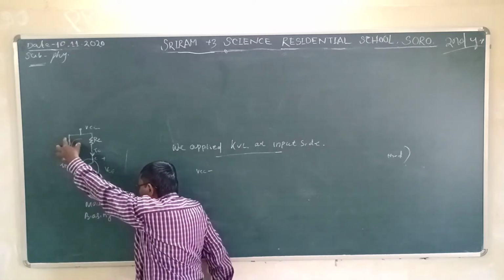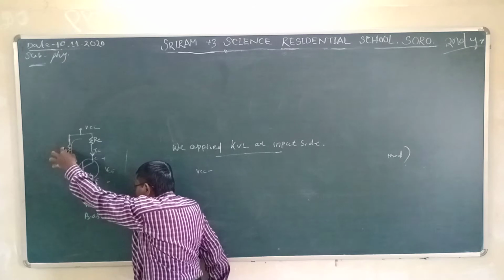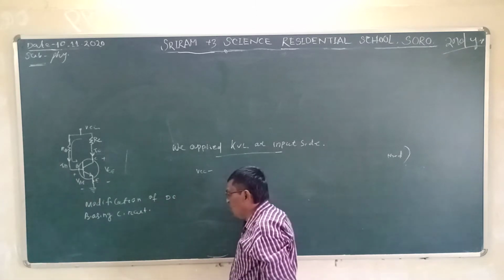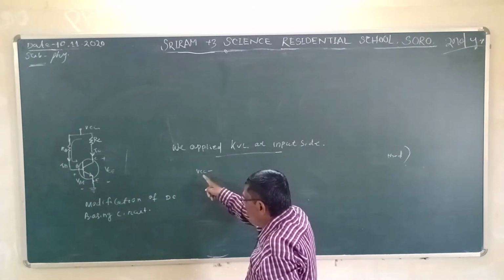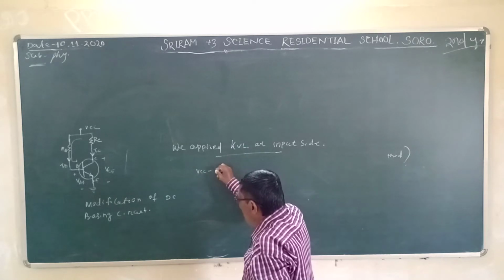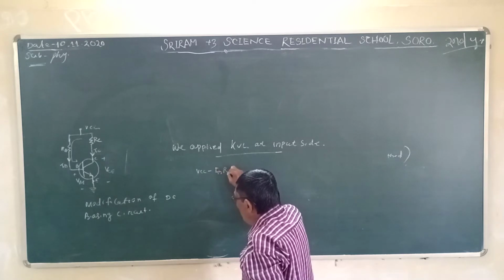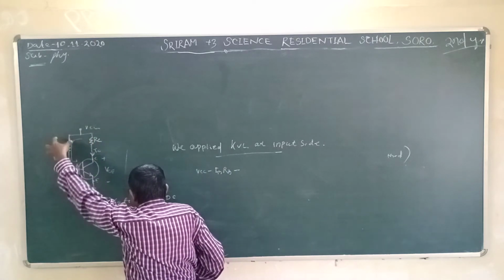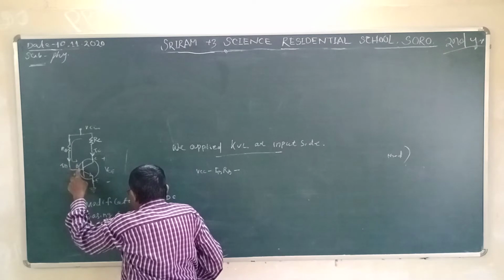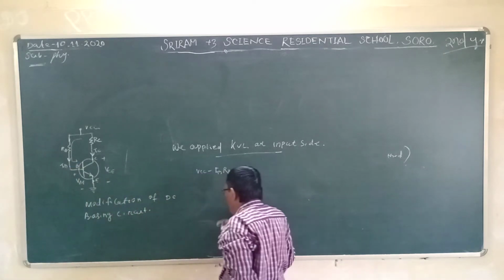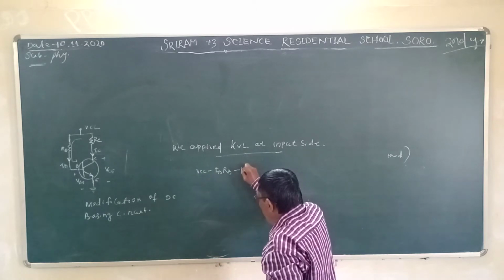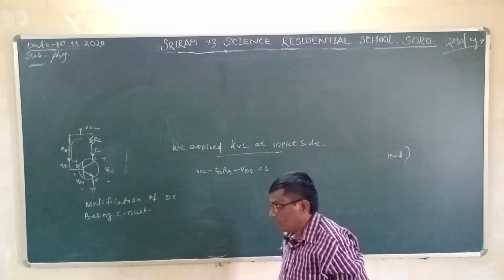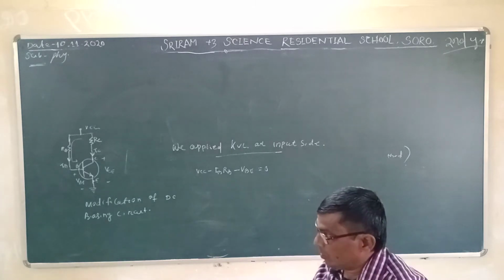The drop across this resistor is IBRB. According to KVL, VCC minus IBRB minus the base emitter junction voltage VBE is equal to 0. This is Kirchhoff's voltage law.